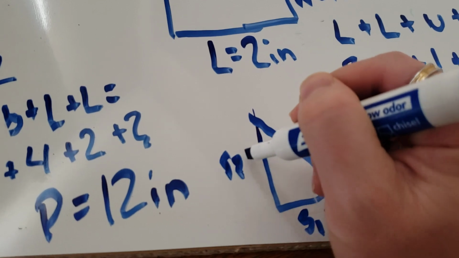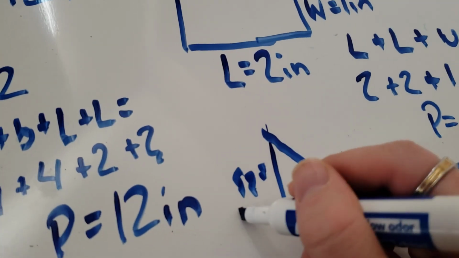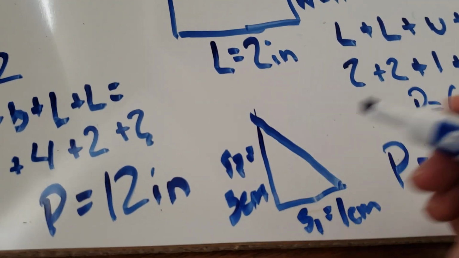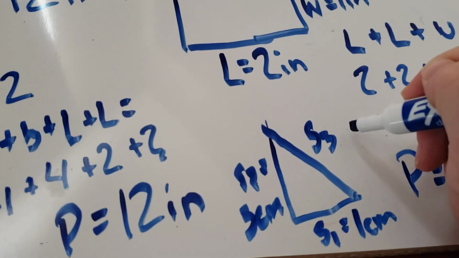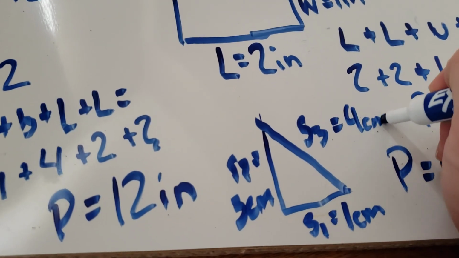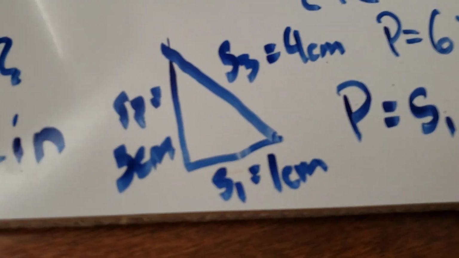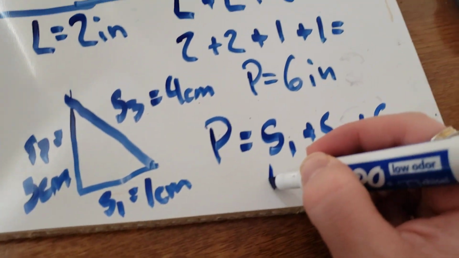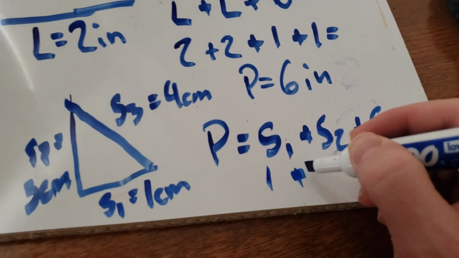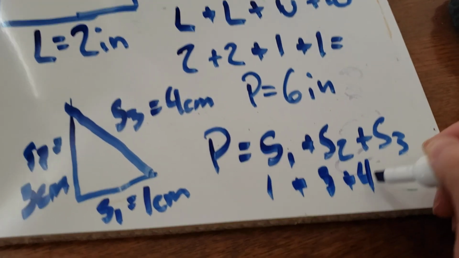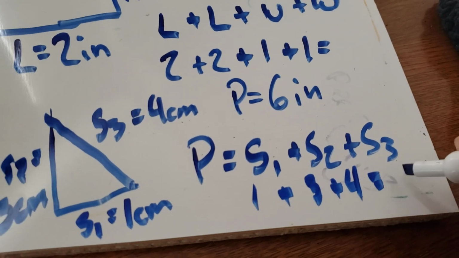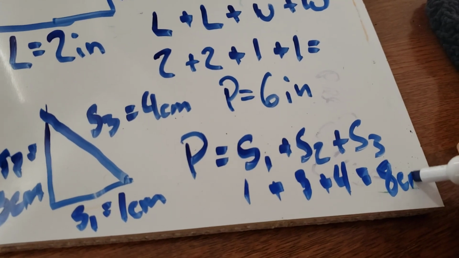Side 2, let's say that is 3 centimeters. And then let's call side 3 4 centimeters. So we'd add all those up. We'd have 1 plus 3 plus 4, which would give us 8 centimeters.